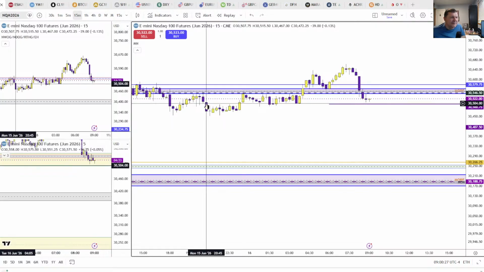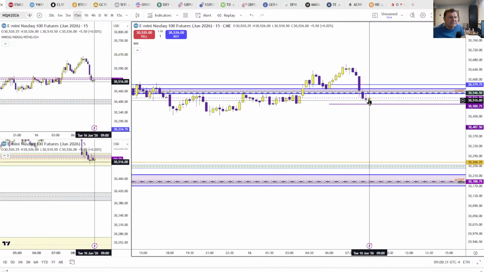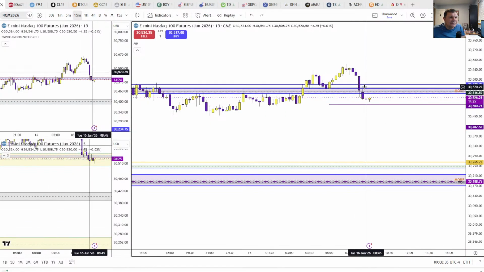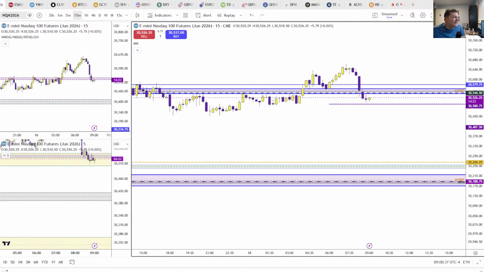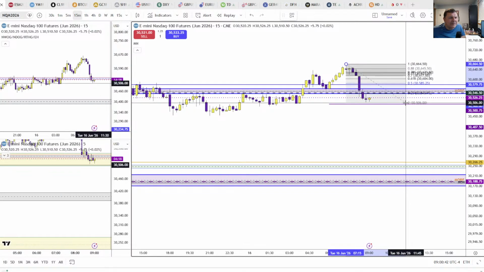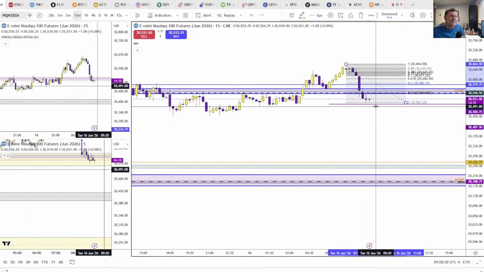We've hit the edge of the discount box. Let's see if we get a nice little retracement back up into 50% of this range. So we're expecting a retracement now, right? 50% puts us at 585.